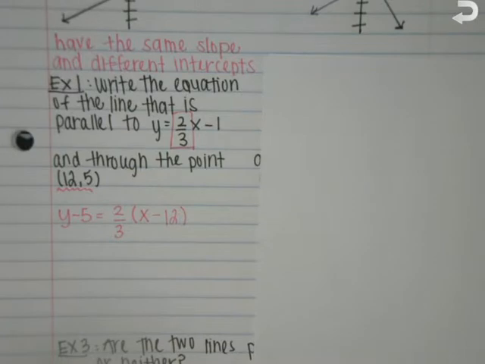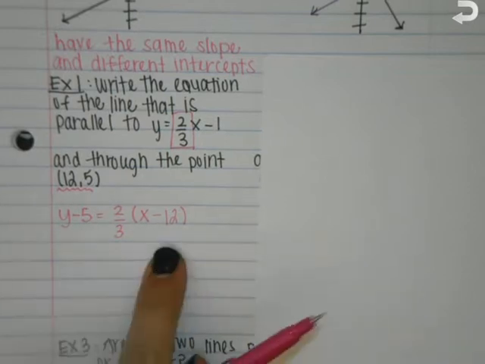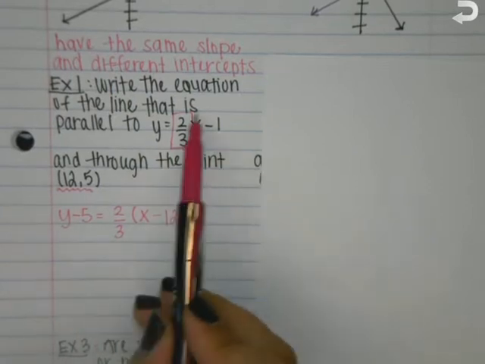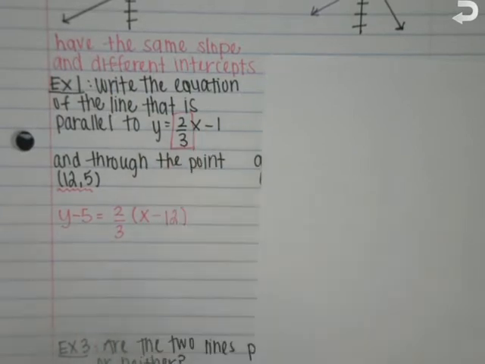If the problem did not specify which form to put it in, you can leave it like this. But because I gave you the equation in slope-intercept form, I want to put the new equation in slope-intercept form.